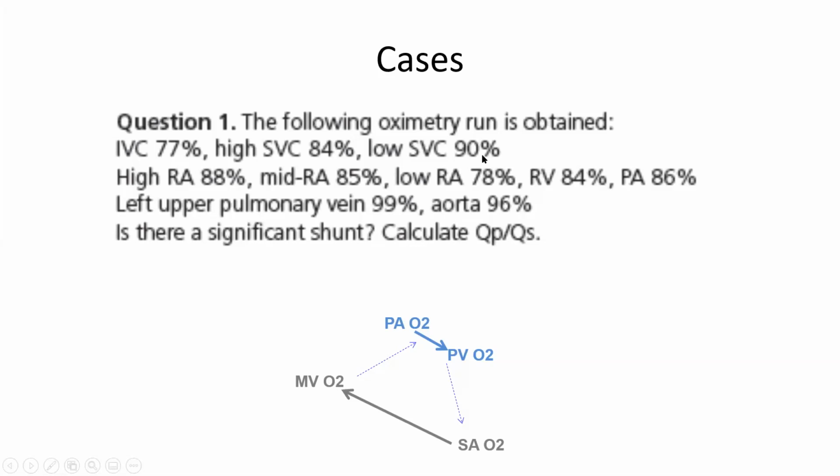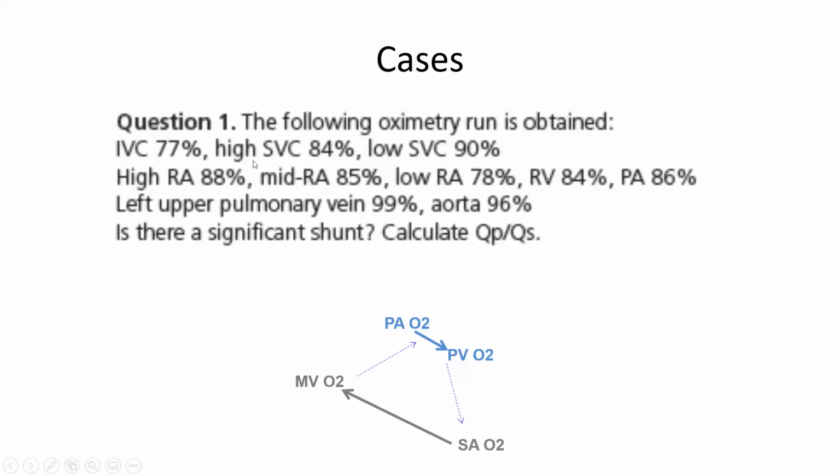For example, the low SVC is very high because it's getting directly the stream of the left-sided circulation, so it will be higher than the rest because it's relatively much more of that shunt flow. Eventually that shunt mixes and you get a better representation of the eventual shunt flow, especially at the PA level. Here, this is wrong because maybe it's capturing a little bit of the coronary sinus, that RA.